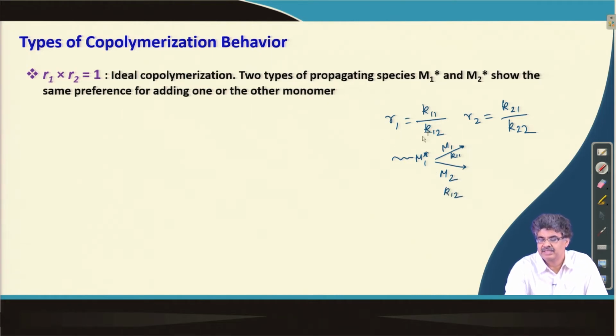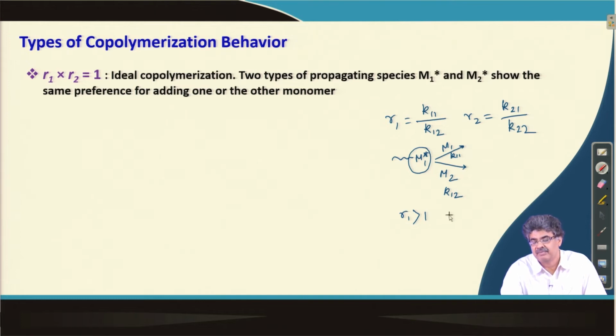So, this ratio gives the tendency of this M1 star, the active chain end, to react with monomer 1 or monomer 2. If r1 is greater than 1, then of course the tendency of homopolymerization, or M1 reacting with M1, is higher compared to a copolymer where M1 is reacting with M2.